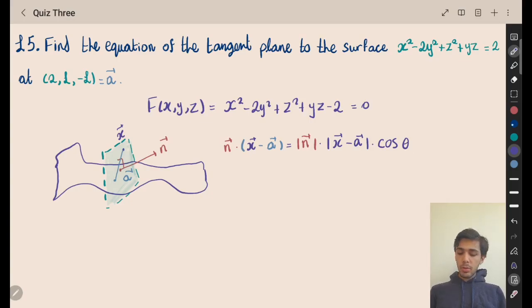Now, if I want this to be equal to 0, and I choose the normal vector to be non-zero, and I choose a point which is not a, then the magnitudes will not be 0. Then this would imply that cosine of theta is equal to 0, which would imply that theta is equal to pi over 2, or you could say 90 degrees.